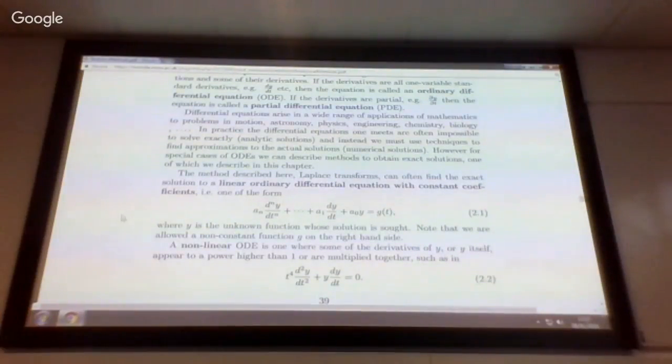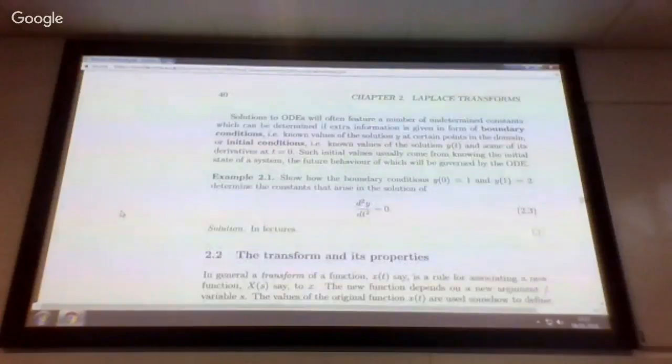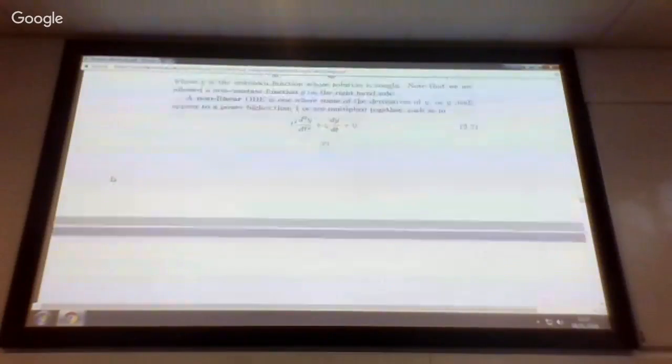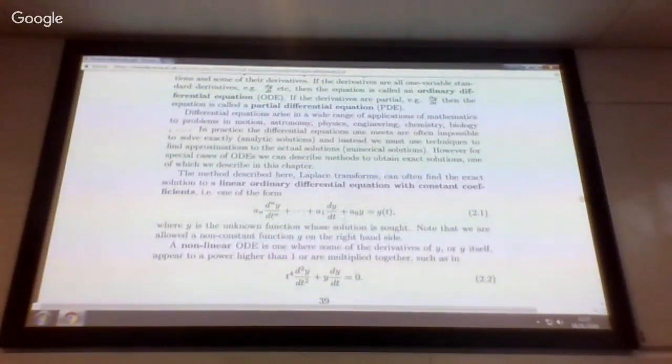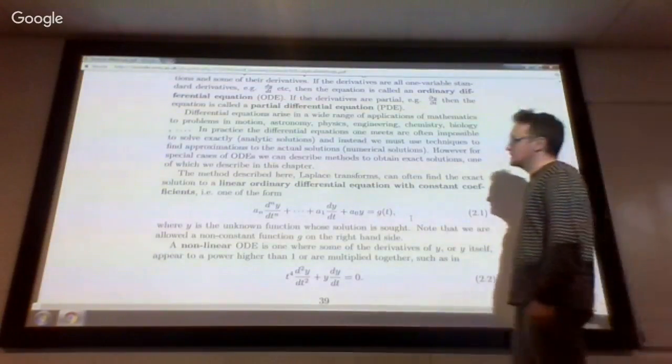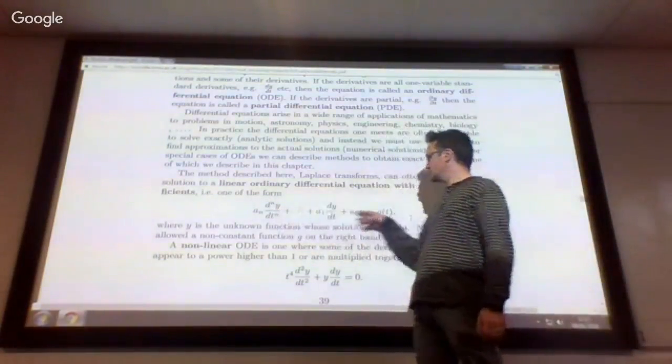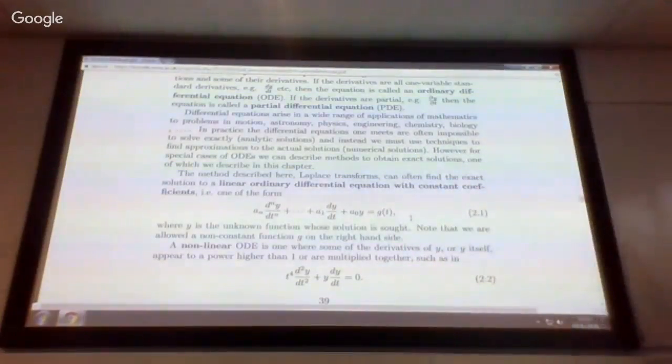Very often, the possibly large solution space of such an equation is narrowed down, and often narrowed down to a single unique function by the provision of extra information. Okay? So you think of the ODE as giving you information about the function y. It's telling you aspects of how y behaves, because y and its derivatives have to be in this relationship.